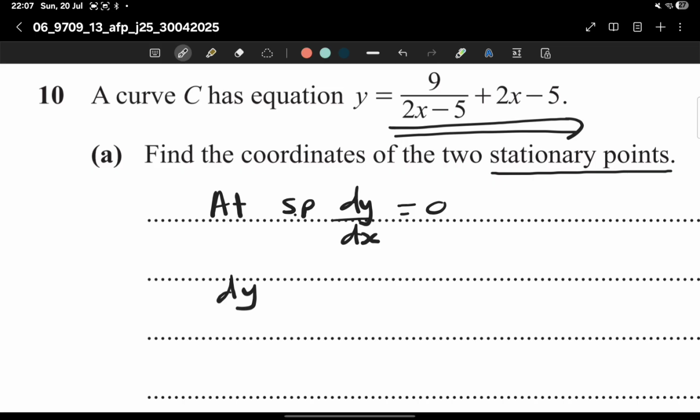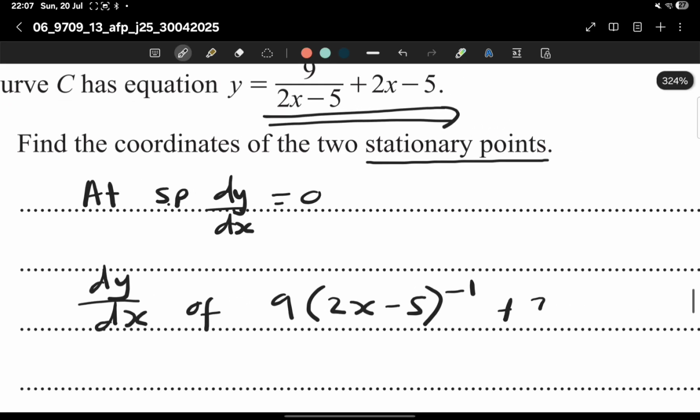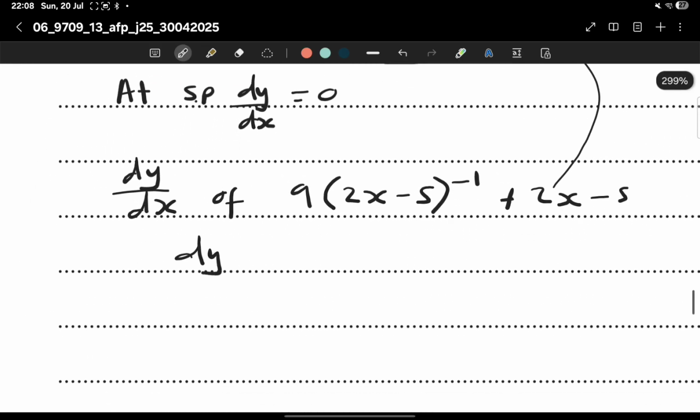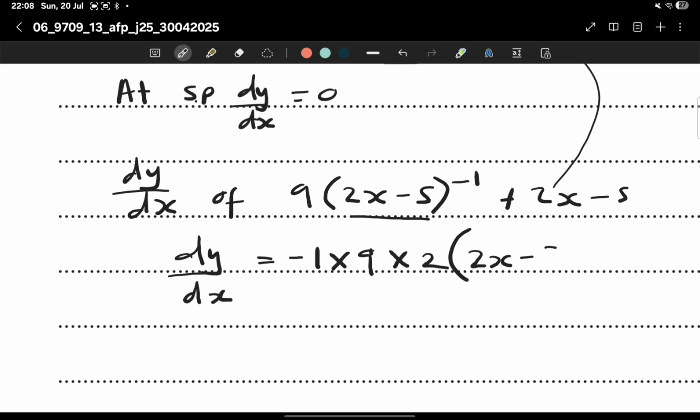So we're going to find dy/dx of 9(2x minus 5) to the power minus 1 plus 2x minus 5. This is the same as this, right? So dy/dx will be minus 1 times this 9, then we multiply by the derivative of the bracket, which is 2, open bracket 2x minus 5, subtract 1 from the power.